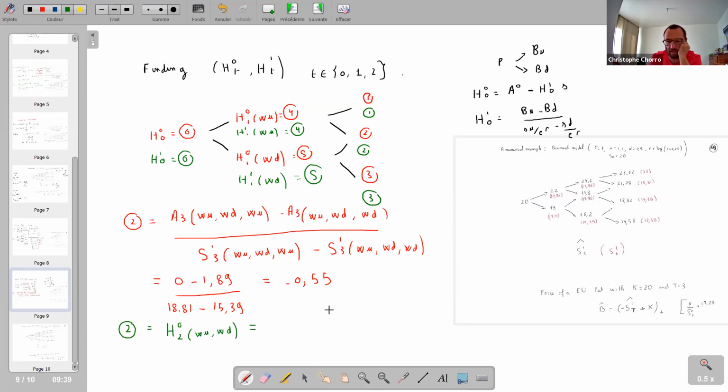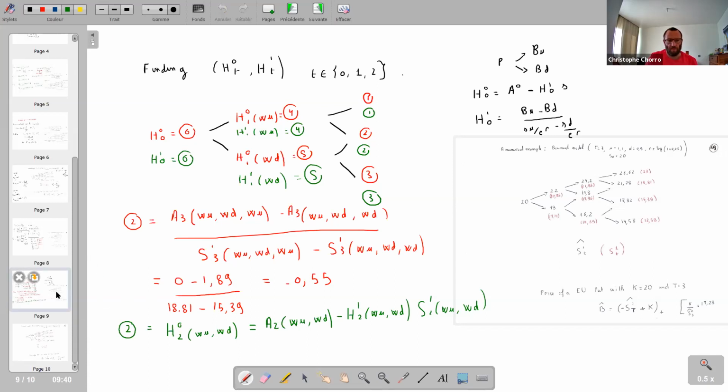That is equal to the value of the portfolio at time 2 for WU, WD, minus H1^2(WU, WD) times S1^2(WU, WD). And I have everything because I have A2(WU, WD) from the previous slide.